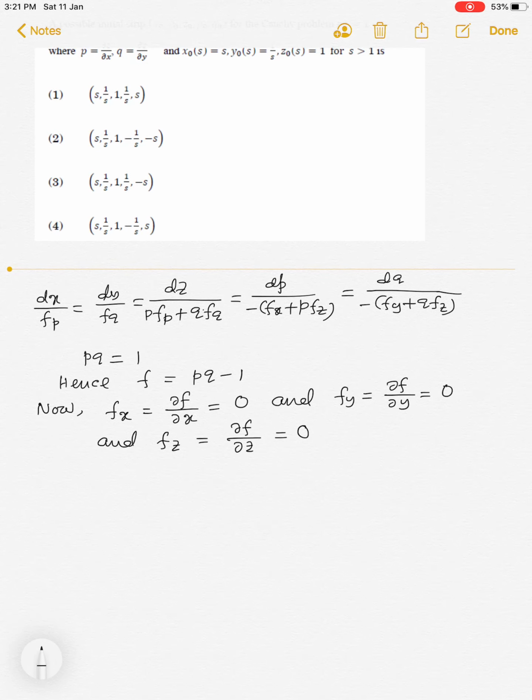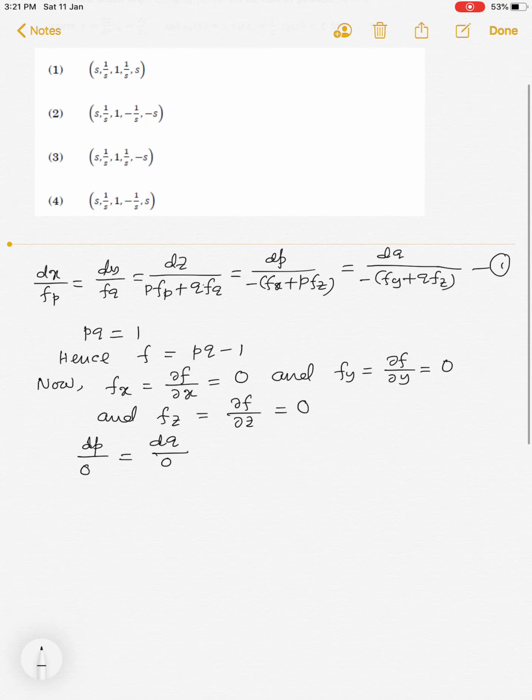Hence from the above Charpit's equations we can easily have dp divided by 0 and dq divided by 0. Integrating, we have p is equal to some constant, say a, and q is equal to some other constant, say b.